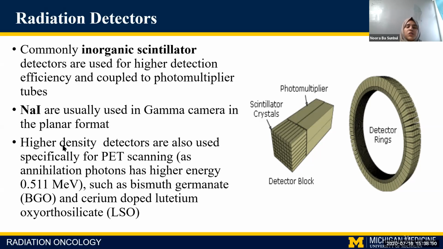And with the increase of the energy of annihilation photons, the 511 keV photons, you will need much higher density crystals. That's why bismuth germanate detectors are usually used in PET scans.